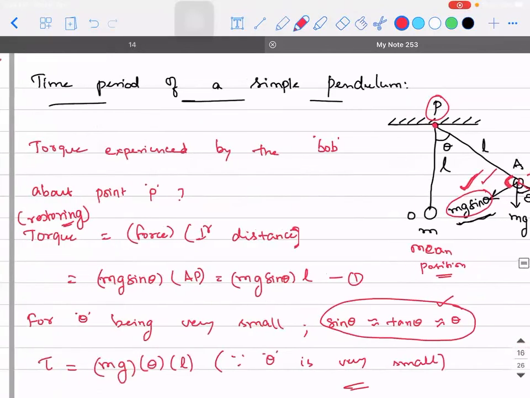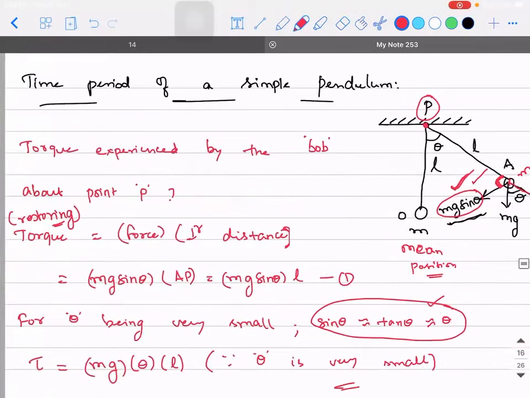Just a minute. So could you explain again why theta is very small, sir?